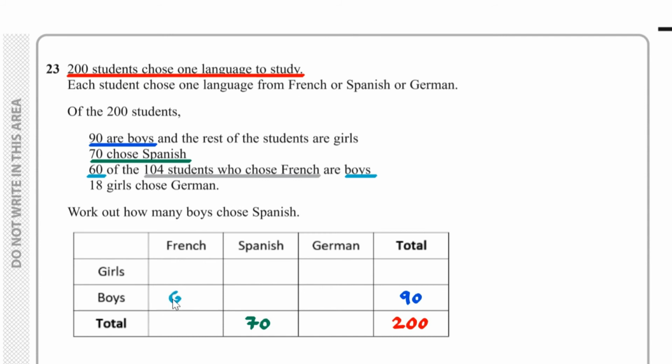So we've got 60 boys out of a total of 104.